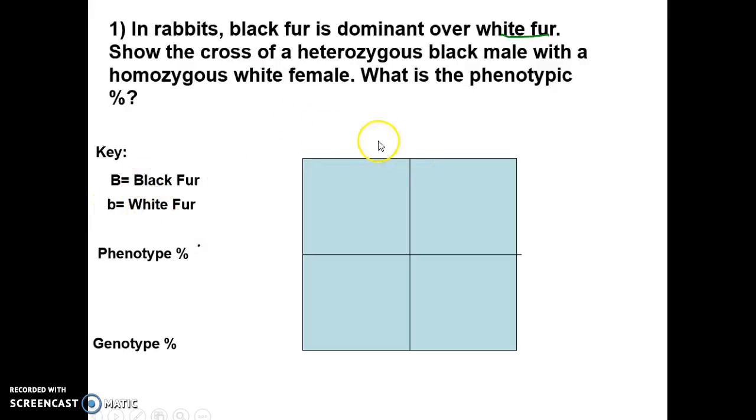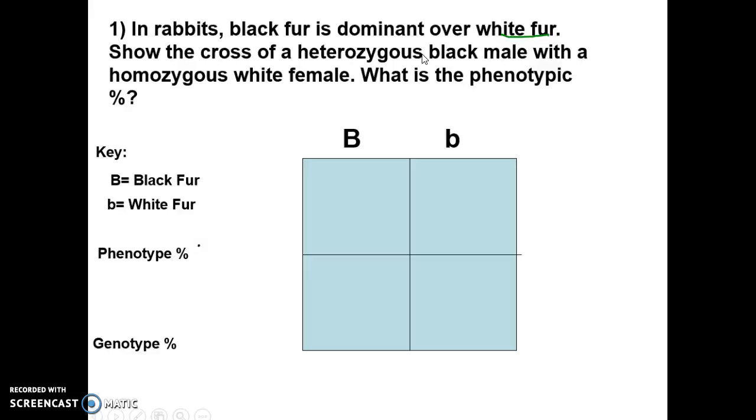The parents always go on the outside of the box. The inside of the box are the offspring, which are the babies. This is just the probability of what the babies can be. So we're going to do our first parent, heterozygous black. Heterozygous means big and little, always.